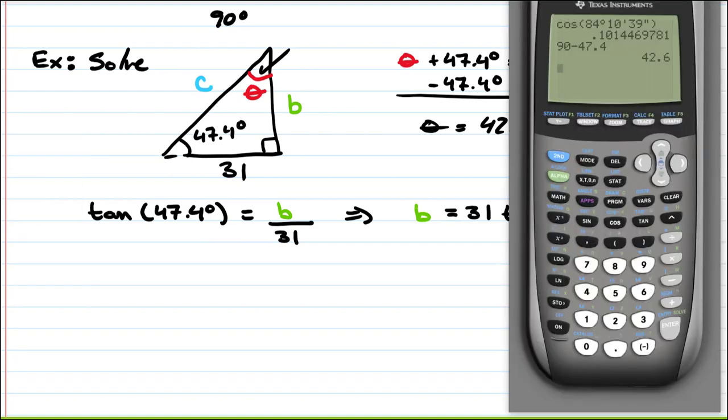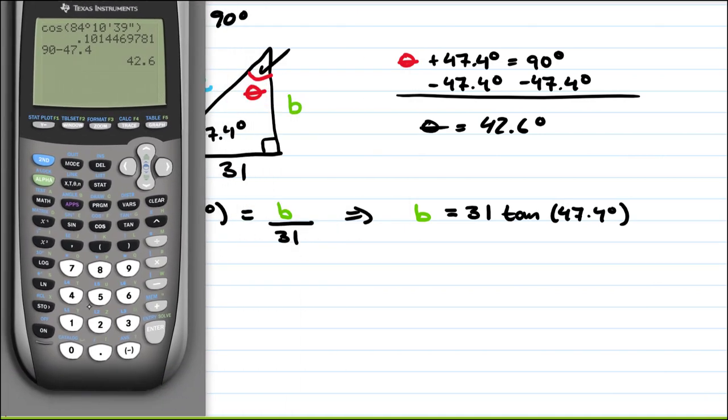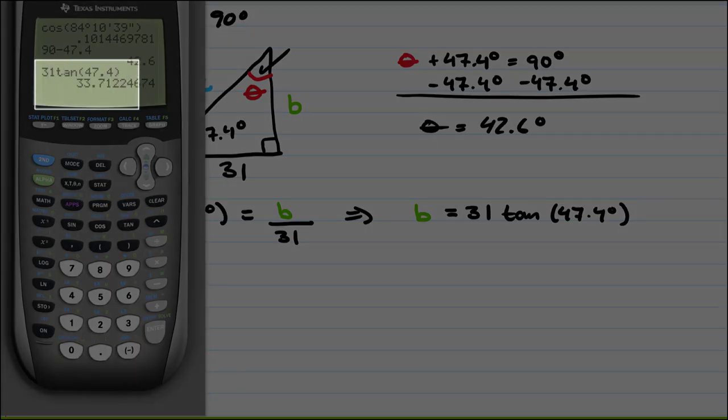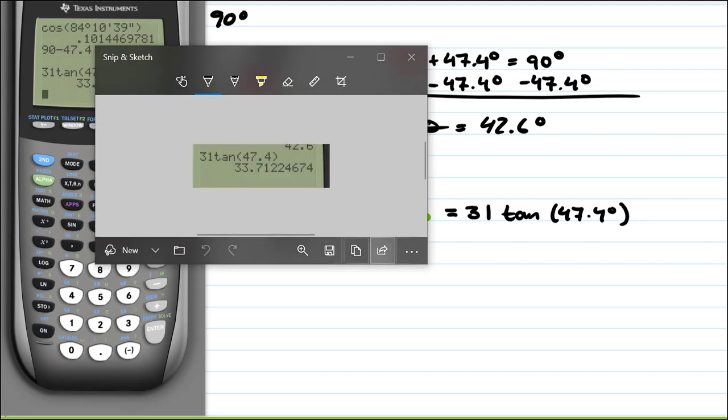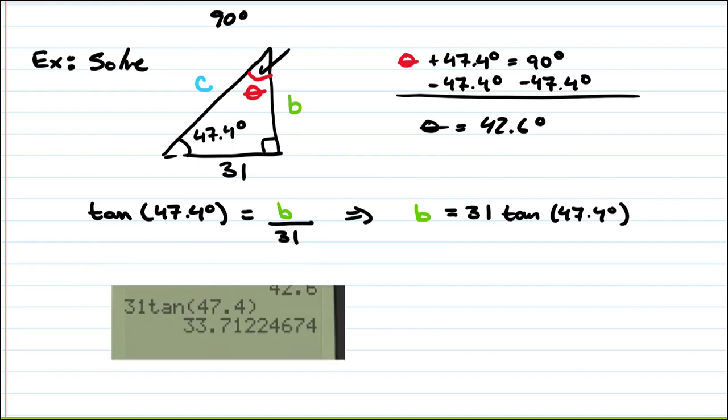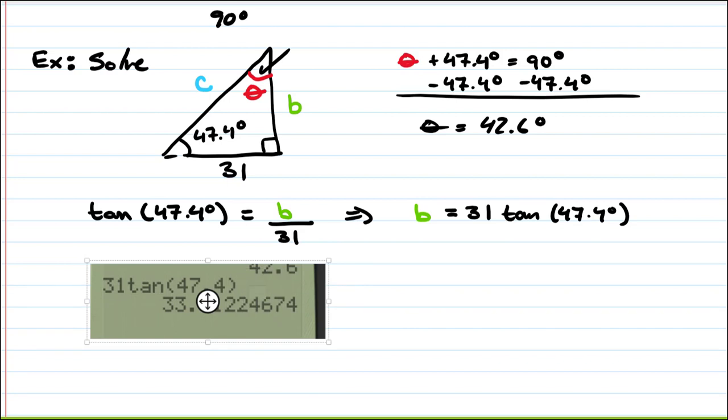So we grab our calculator once again, and we have 31 times the tangent of 47.4. And we get this value. And since all of our original data was given to 1 decimal place of accuracy, we should report all of this to 1 decimal place worth of accuracy as well. So we get that our value for B is approximately 33.7.